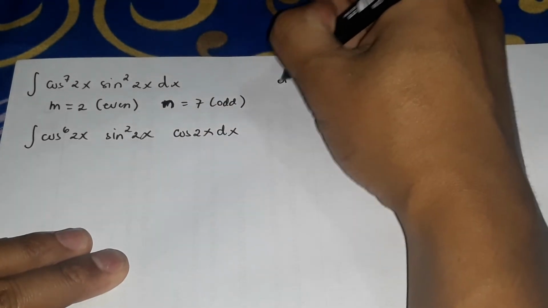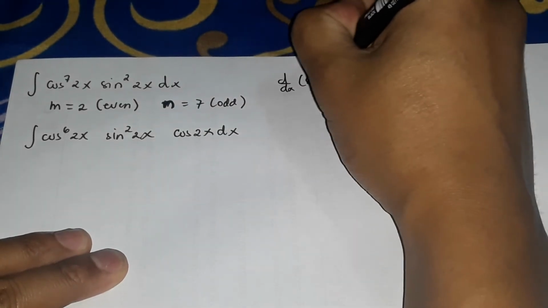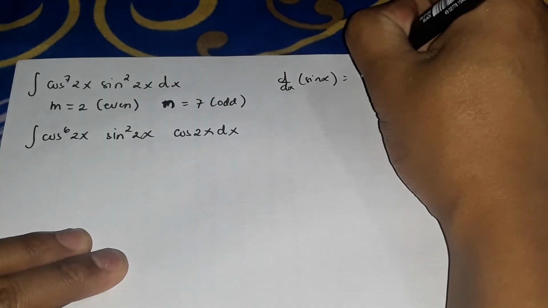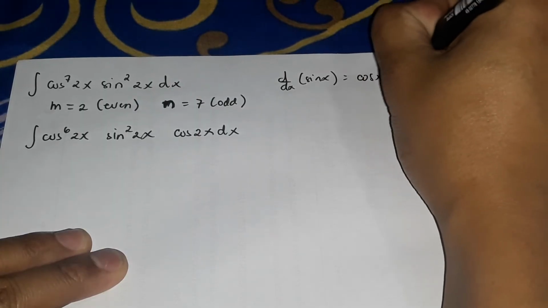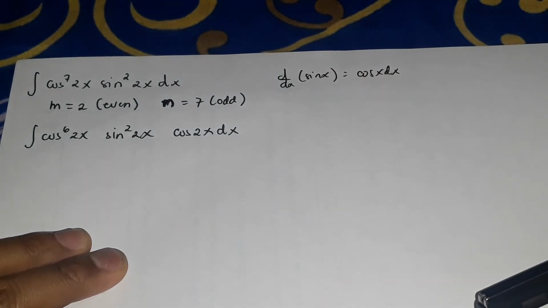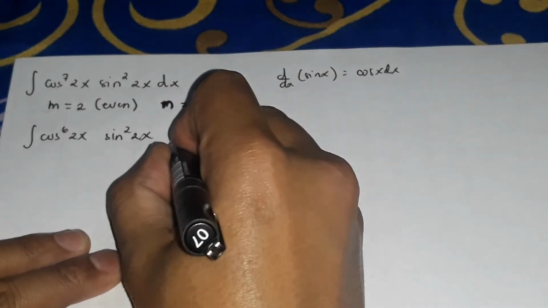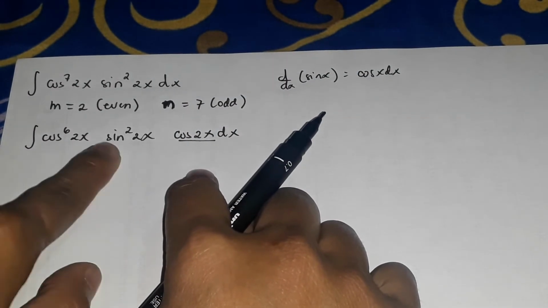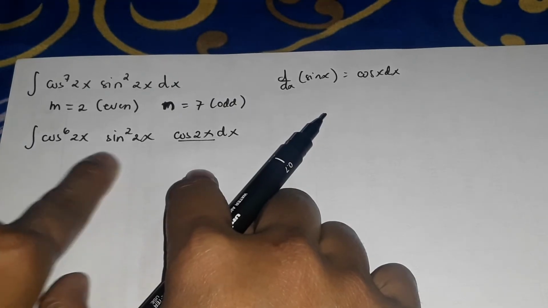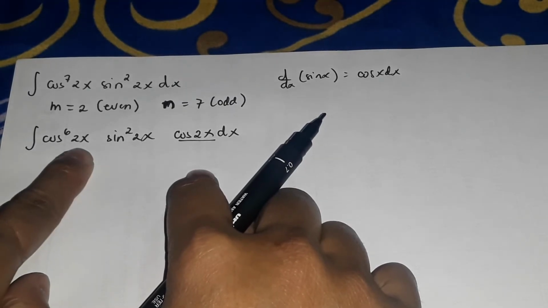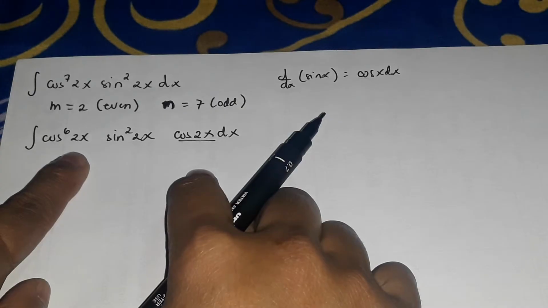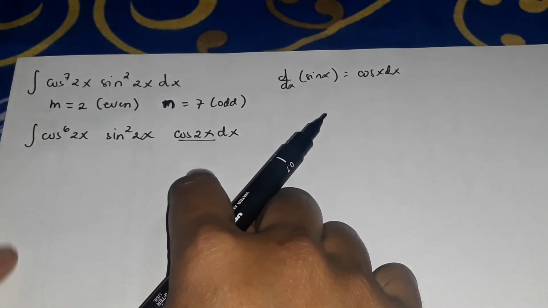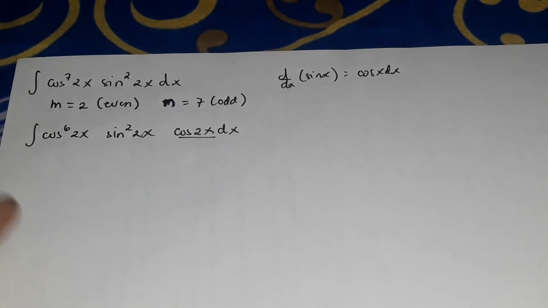Again, do not forget that the derivative of sine x is equal to cosine x dx. So which means I need to rewrite everything here in terms of sine. So this is already in sine function. So this cosine raised to 6 2x will be written in terms of sine by using the square identity cosine squared x plus sine squared x equals 1.